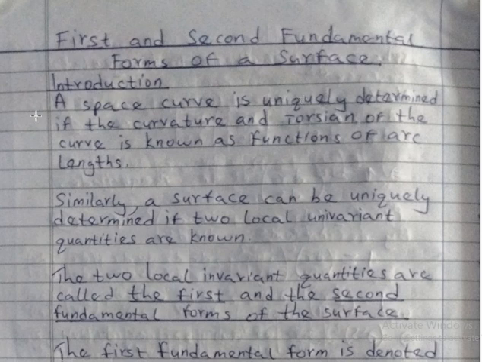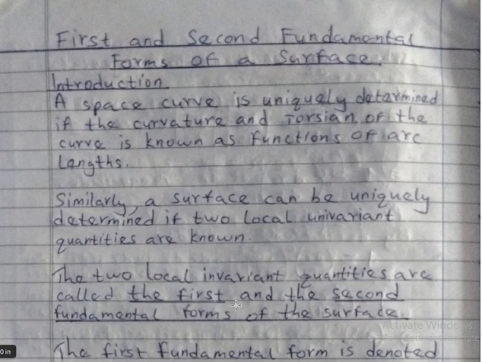Recall that a space curve is uniquely determined if the curvature and torsion of the curve are known as functions of arc length. Similarly, a surface can be unique if two local invariant quantities are known.